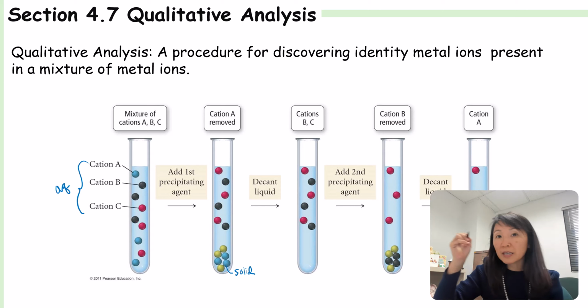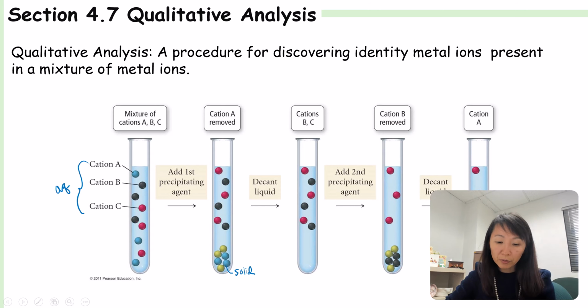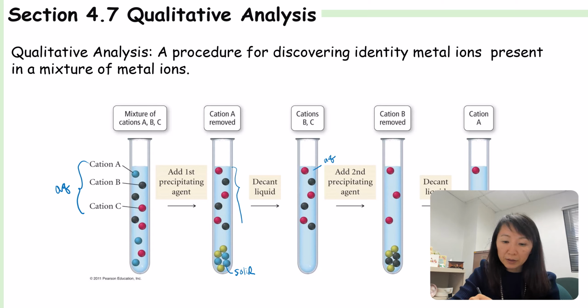That precipitating agent is actually that green spherical ball, and that will interact with the blue one. All right, so you can decant the liquid, meaning just take out the liquid part, and that liquid would be this aqueous form. Well, this top is also aqueous.